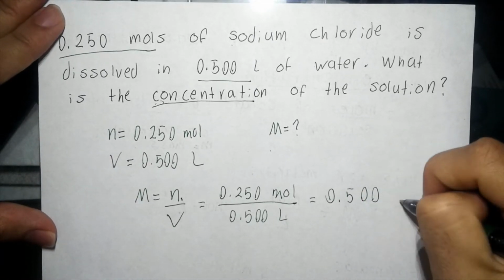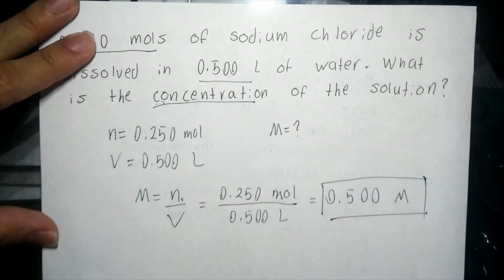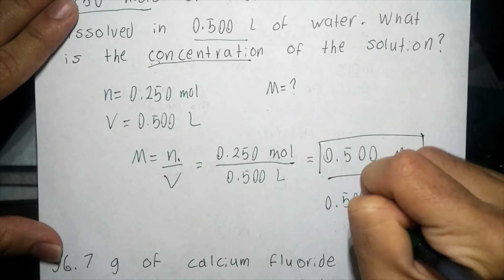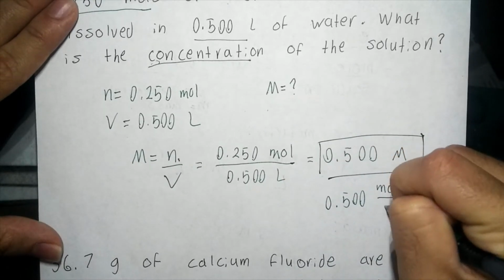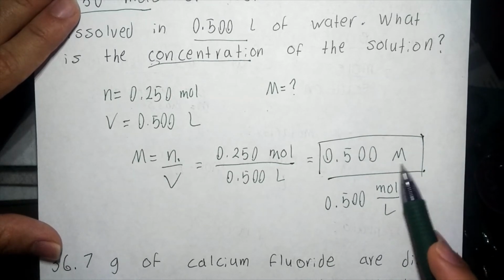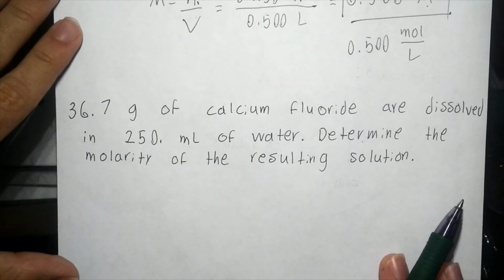And we'll express it as molar. You could have also written it down like this. You could have written down as 0.500 moles per liter. This is still an acceptable answer. However, we'll typically write it with this big M. All right, so let's move on to another one.